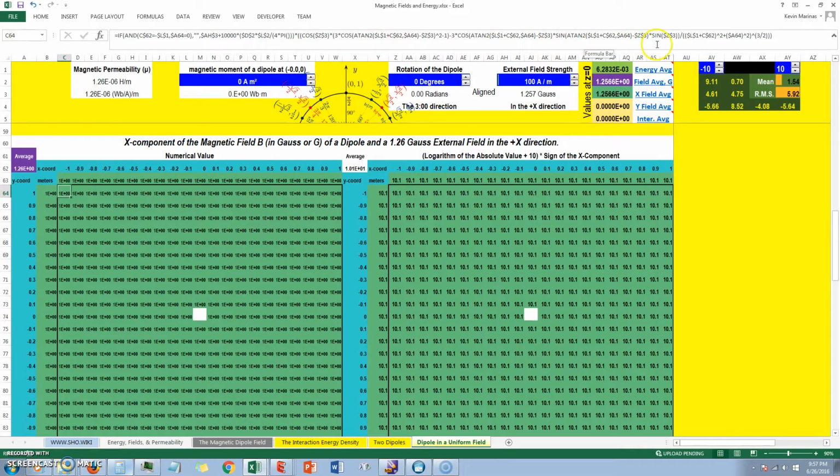And what we're picking up is simply this one. All this other stuff doesn't show because here my value for the magnetic moment of the dipole, I have set this to 0, and so this whole thing becomes 0.